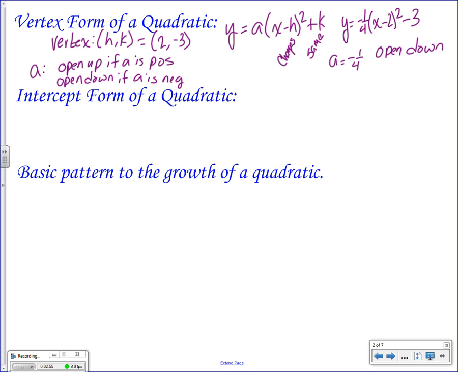Everyone okay with that? Because it's -1/4, and it's not any of the numbers in here. It's always the number out here.